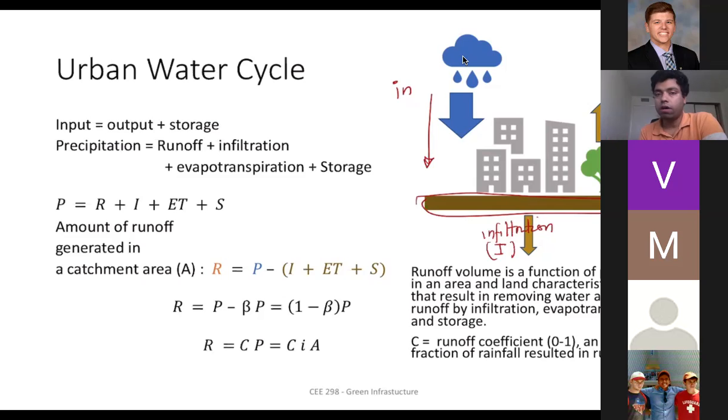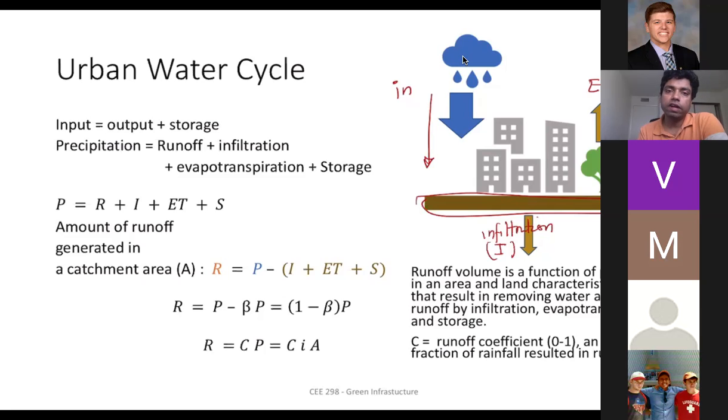That's why we combine them together and call it evapotranspiration. Evaporation is just open water, transpiration is through plants. So this is ET.